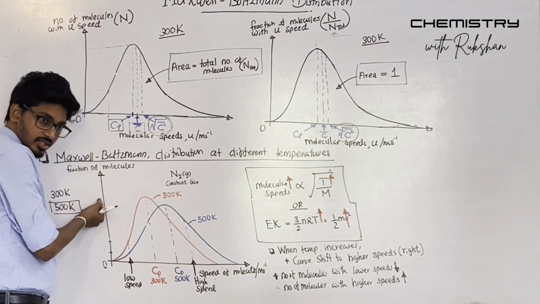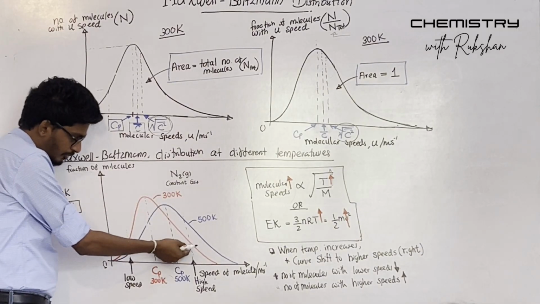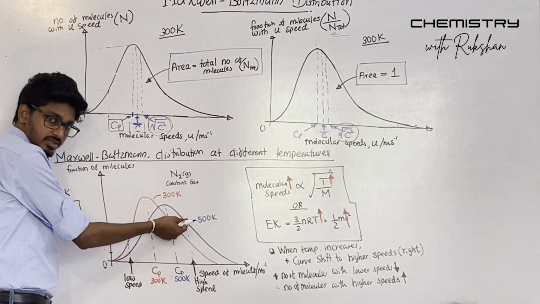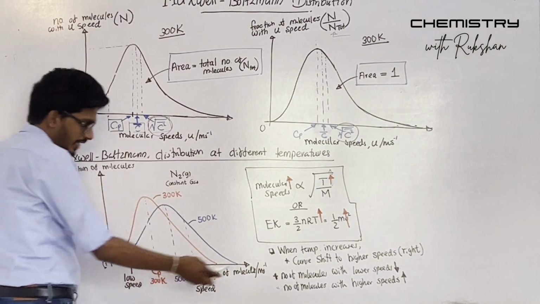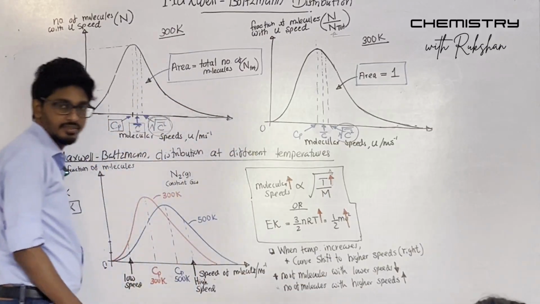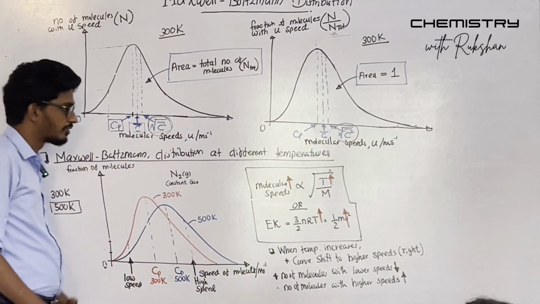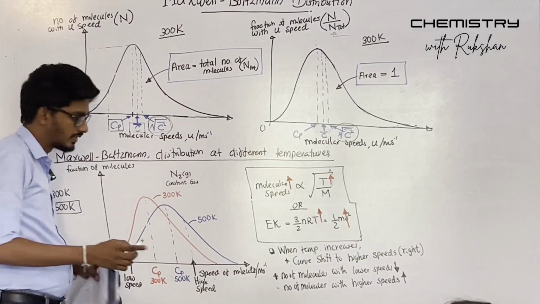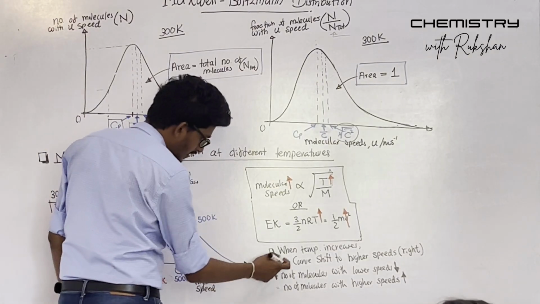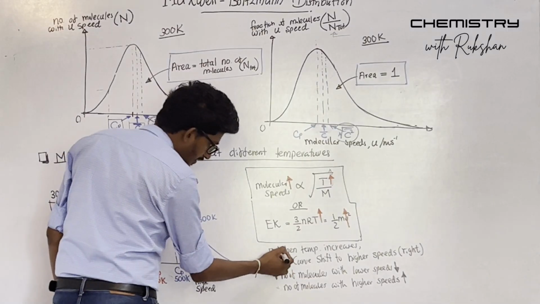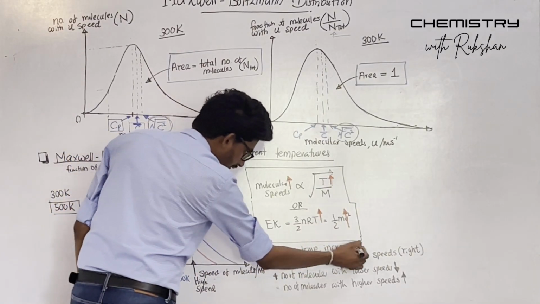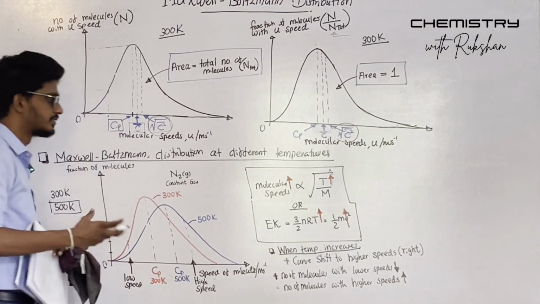The value has increased. The number of molecules with higher speeds, now you have this much. Okay? Number of molecules with higher speeds increases with the increase of temperature. Right? This has also been asked in exam MCQs. So note this down. When temperature increases, these two things can be seen.